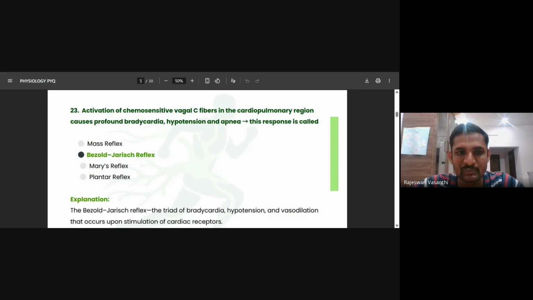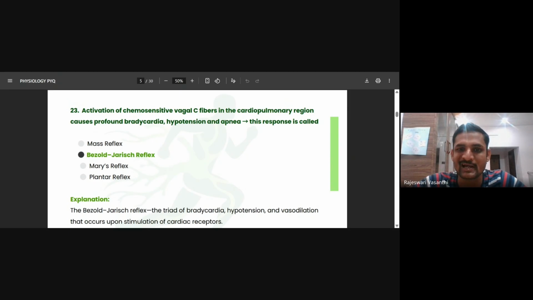This is the typical triad for Besold-Jarisch reflex. If it occurs in the cardiac area, it is called coronary chemoreflex. If the same occurs with activation of pulmonary receptors, it is called pulmonary chemoreflex. Together it is called cardiopulmonary chemoreflex, simply Besold-Jarisch reflex. The triad consists of bradycardia, hypotension, and vasodilatation.